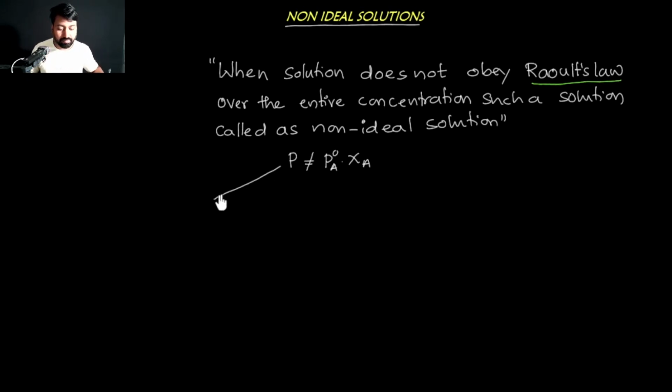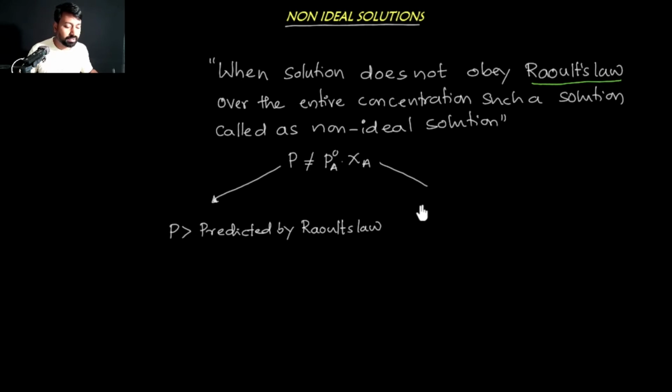One possibility is that the pressure P may be greater than the value predicted by Raoult's law. The other possibility is that P may be less than the value predicted by Raoult's law.